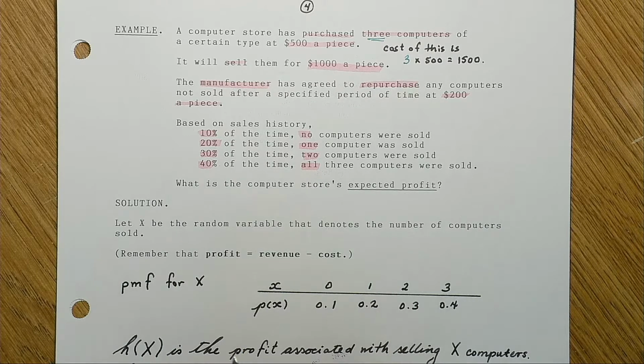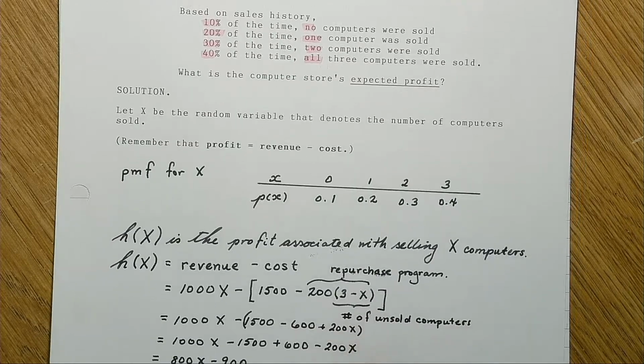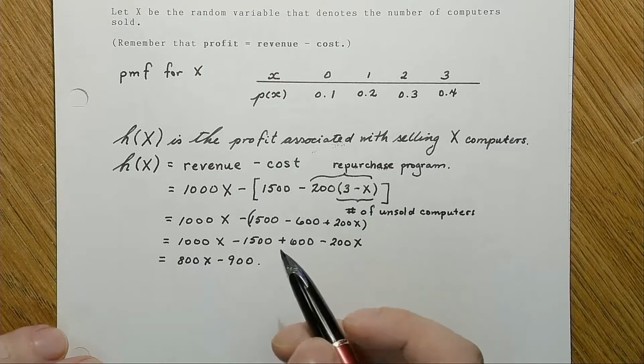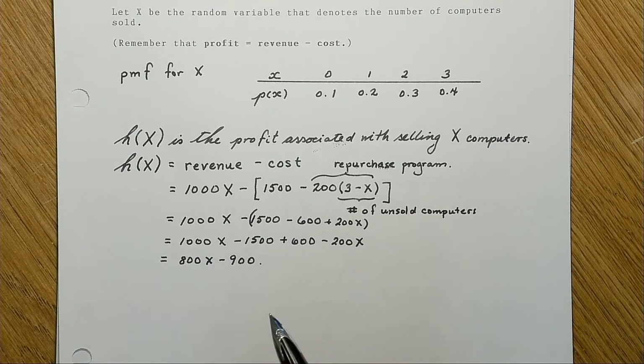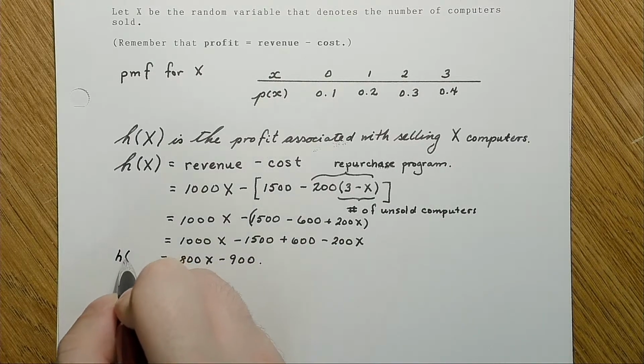If you had 200, 3 minus x, yes, I think it should come out to the same answer. As long as you're getting 800x minus 900, that's what we should have for our profit function.